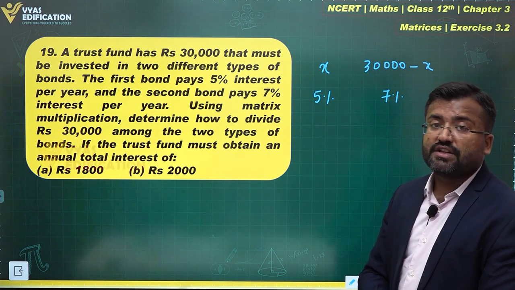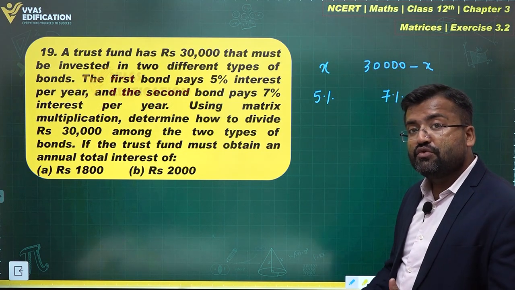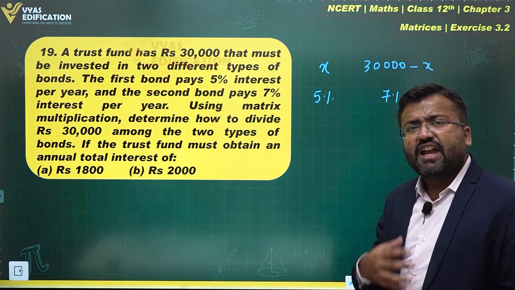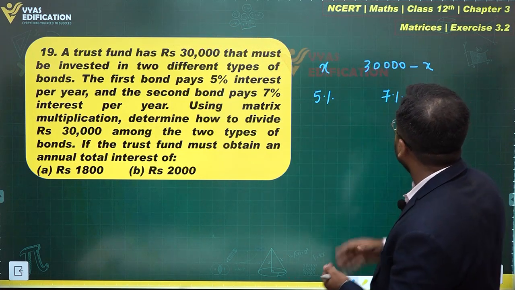That's a simple linear equation that we obtain by the concepts which we already know. But then using matrix multiplication, how to represent it in the form of matrix multiplication? So what we can do is form matrices.